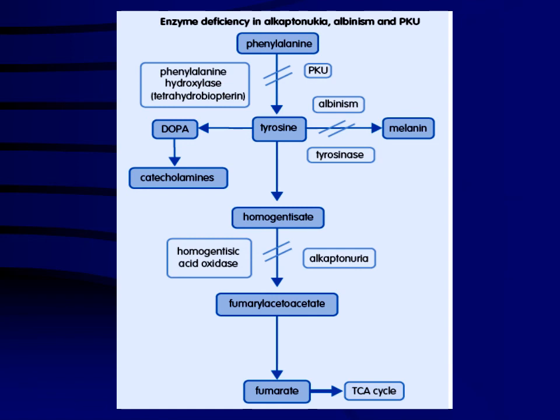Enzyme deficiencies in alkaptonuria, albinism and phenylketonuria are shown in the figure. Phenylalanine hydroxylase deficiency results in phenylketonuria. Tyrosinase deficiency results in albinism, and homogentisic acid oxidase deficiency results in alkaptonuria.